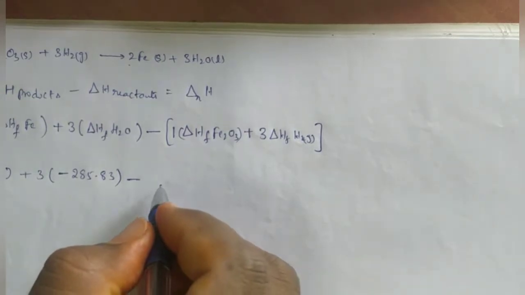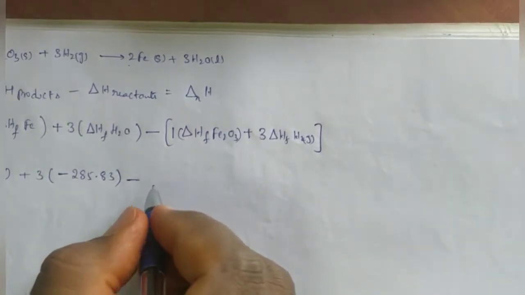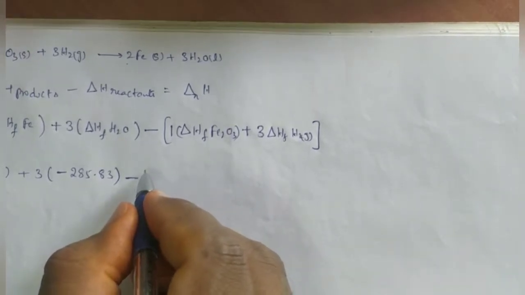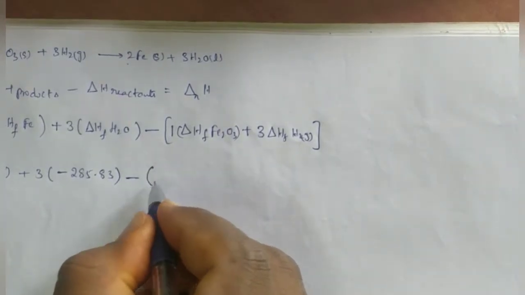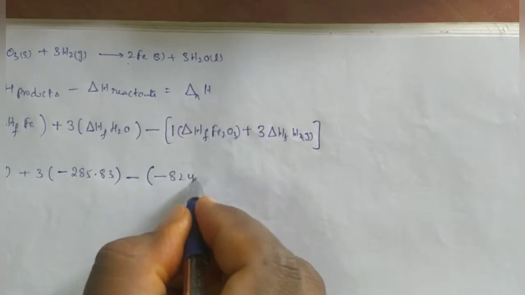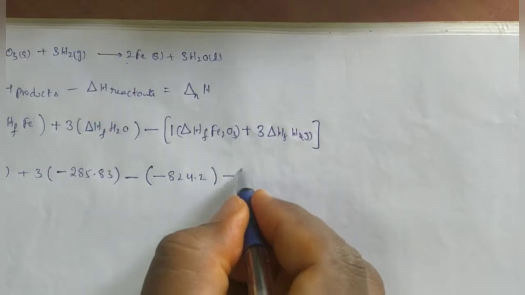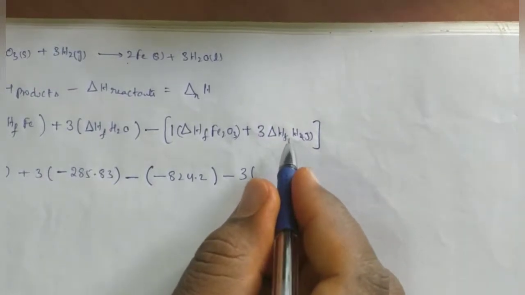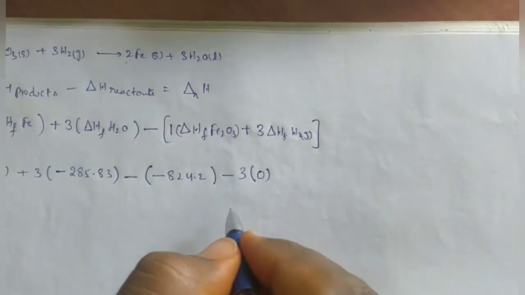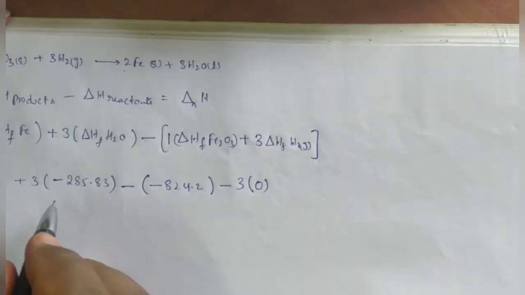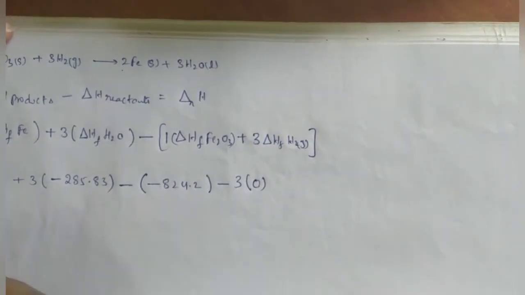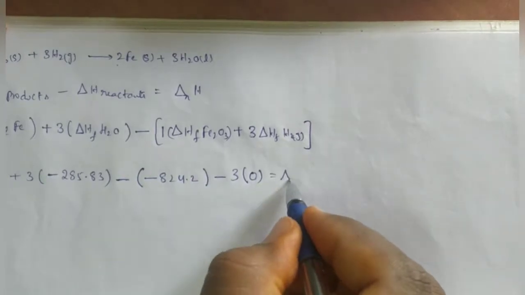According to our equation, Fe2O3 is minus 824.2, minus 3 into delta H of H2, which is 0. Already I have shown you. Now this total is equal to delta HR.